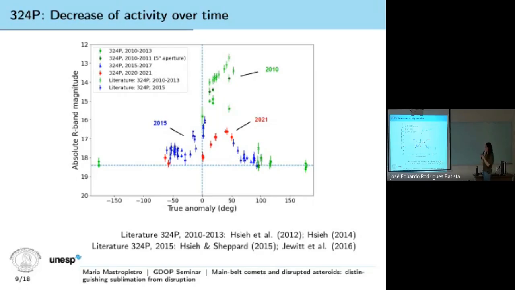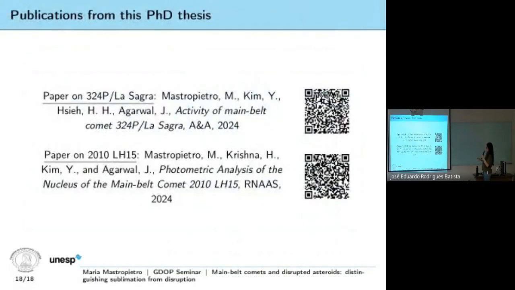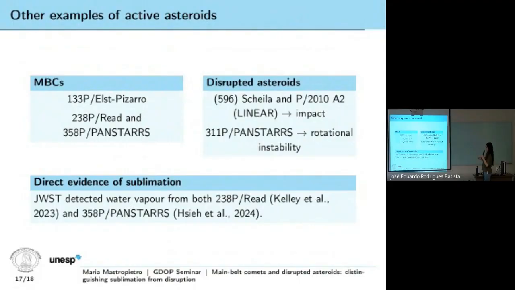For example, for these disrupted asteroids, the ejecta velocity was very fast, consistent with an impact. For this other object instead, 311P, the velocity was slower, and it is consistent with the sliding of material from the surface or ejection due to fast rotation.